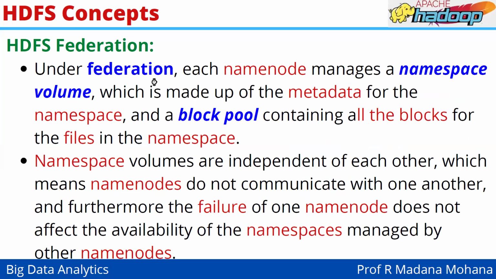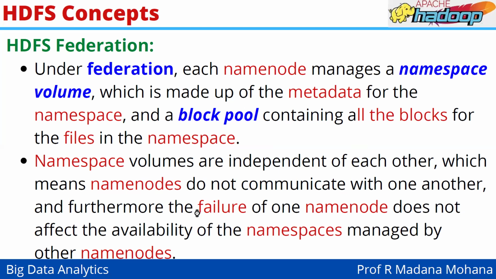Under federation, each name node manages a namespace volume, which is made up of the metadata for the namespace, and a block pool containing all the blocks for the files in the namespace. Namespace volumes are independent of each other, which means name nodes do not communicate with one another.